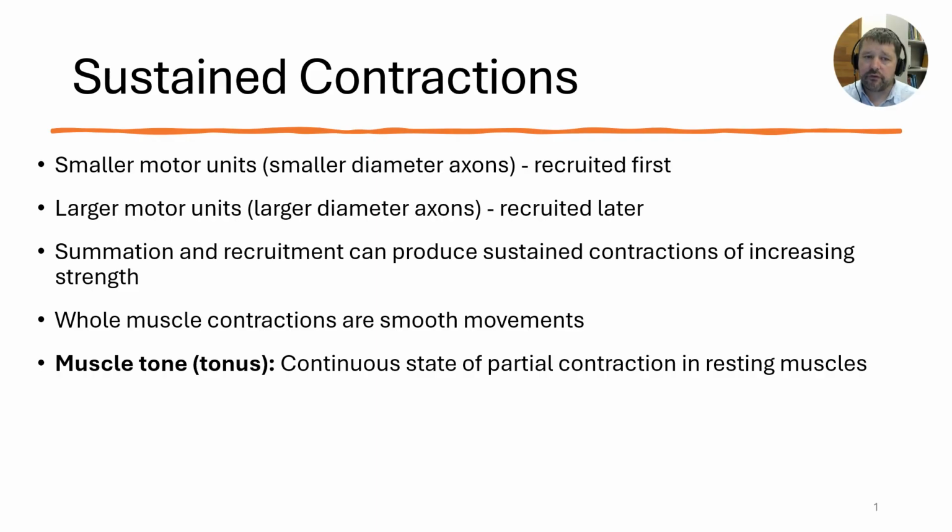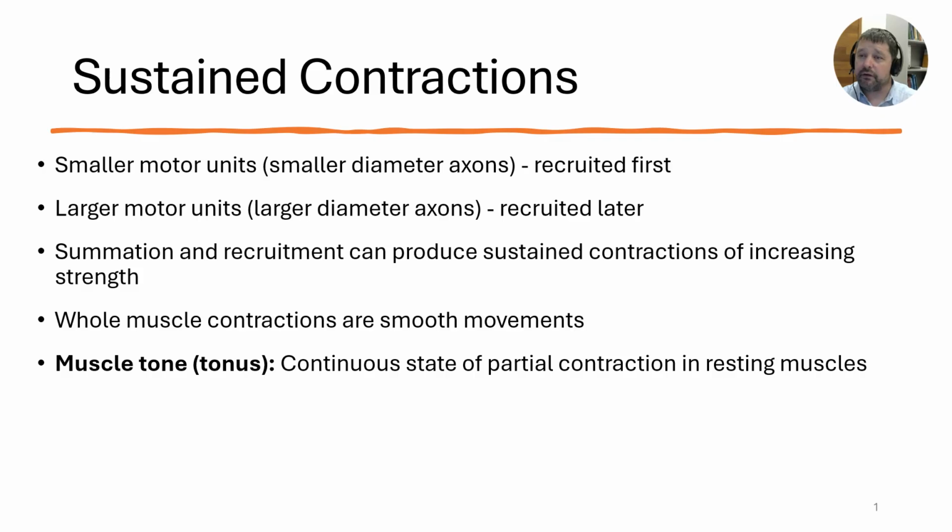We talked about this a little bit before. You can get a summation of contractions. The graph that I showed last time had a stimulation and then a little bump on the graph, and then another stimulation and a bump a little higher, and another stimulation, and it kept going up. You're not allowing the muscle to completely relax.